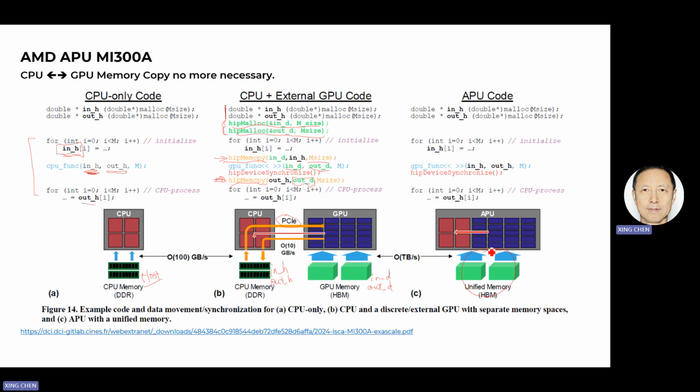Both of them share the same piece of memory, which is called the unified memory. And right now, all this declaration of the variables in the GPU memory, you don't need that anymore. That means the green code, you don't need that anymore. And the yellow code, that means the copy in and the copy out to the GPU and from the GPU, you don't need that anymore.